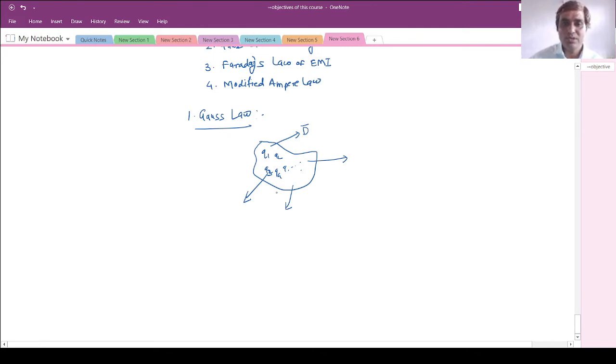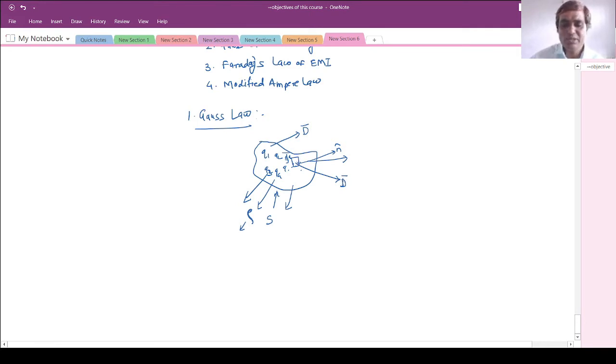Okay, so suppose this is my surface called S, and there will be charge densities represented by rho. Suppose rho gives me the charge density. Now if I would like to write it mathematically, then in order to represent the surface, first let me assume one infinitesimally small area dA bar, and it is pointing in this direction n cap, which is the unit vector. And suppose I would like to compute this D bar, which will be giving me the direction of the displacement vector.